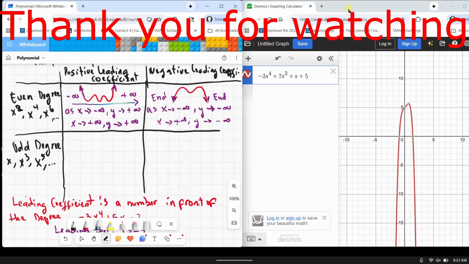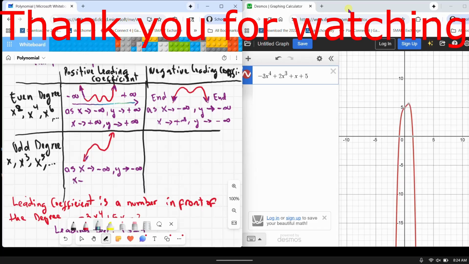What about odd degree? Odd degree with a positive leading coefficient always looks something like this. For this graph, the end behavior should be like this. If x goes to negative infinity, remember, if the end behavior to the left is going down, the function goes to negative infinity.